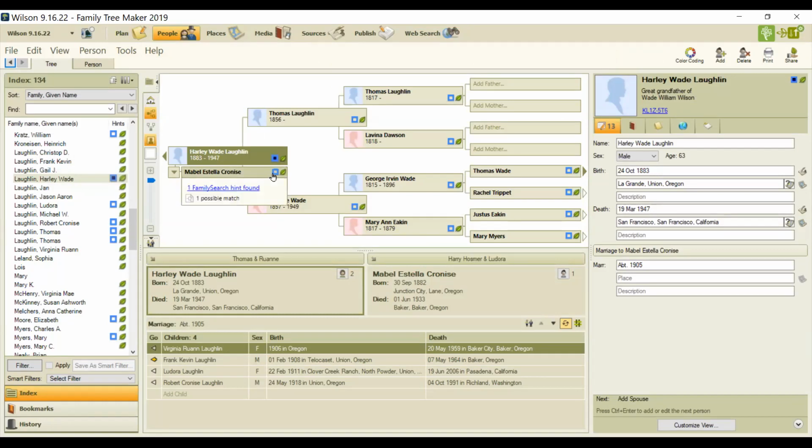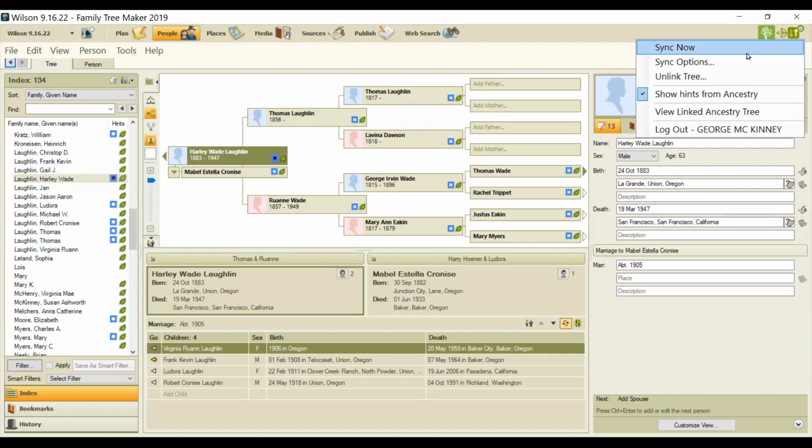So these are hints. Oh, I think I have to sign into Ancestry. Up in the upper right-hand corner here, I've got two symbols. That one's FamilySearch, and if I go here, I can synchronize now.